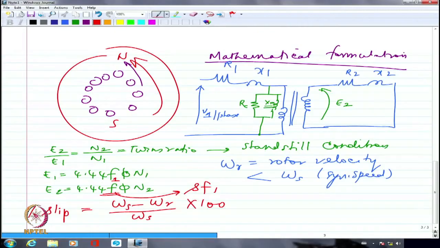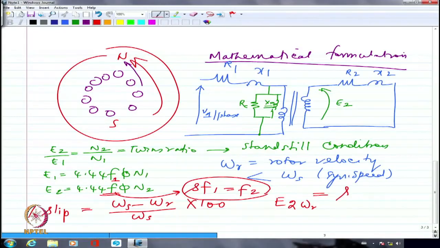So I should say, once it starts rotating, F2 is going to be S times F1. And E2 at any omega r will also become S times E2, because frequency very much comes into the equation of induced EMF. So I am going to have this as S times E2, where E2 is the induced EMF in standstill condition.